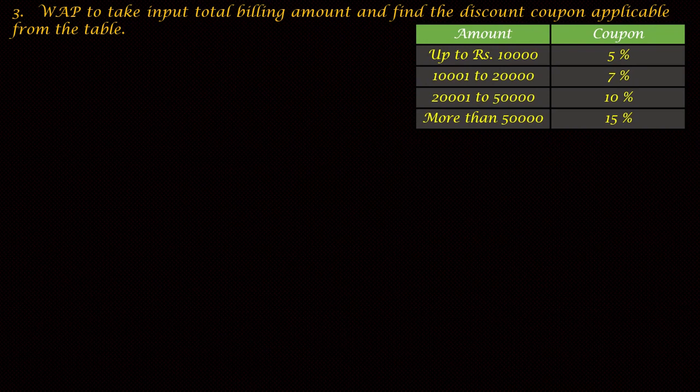If my amount is between 20,001 and 50,000, then I am eligible for 10%, and if my billing amount is greater than 50,000, then I am applicable for 15% discount.